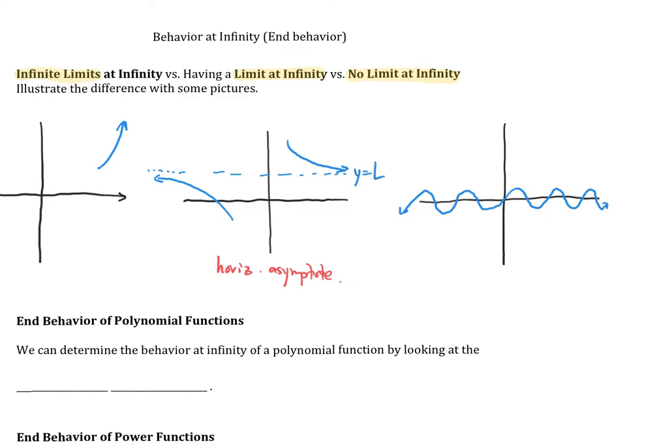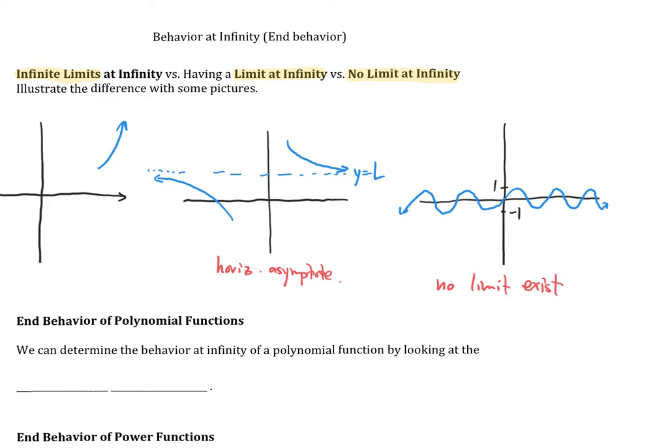Okay. So this situation is different from the previous two situations, right? In the first situation, the y values exploded off to infinity or negative infinity. In the second situation, we went towards a number. But in the third situation, the limit doesn't exist. It just keeps oscillating back and forth between -1 and 1. Okay, so this third situation, you have no limit exists.